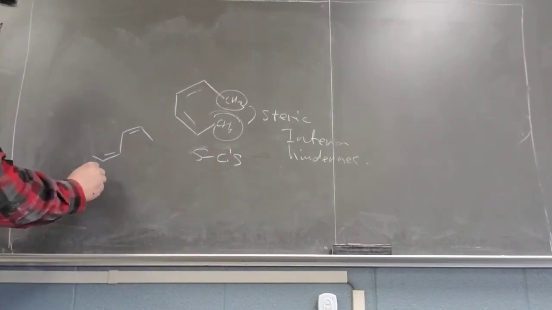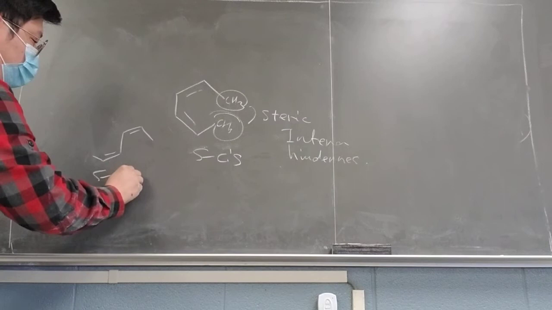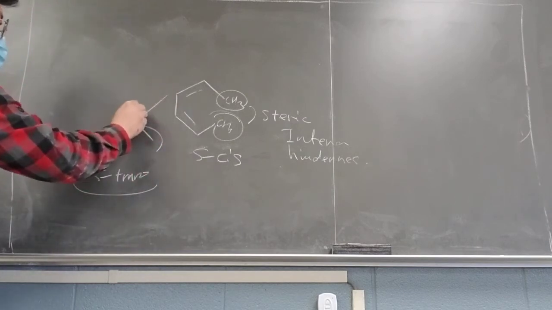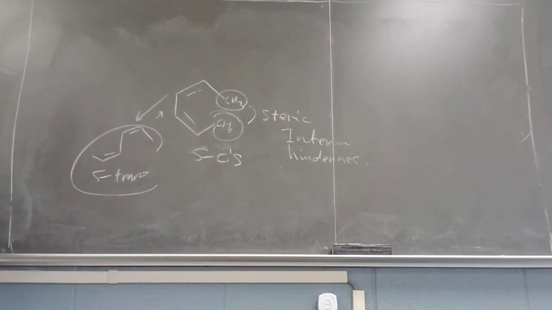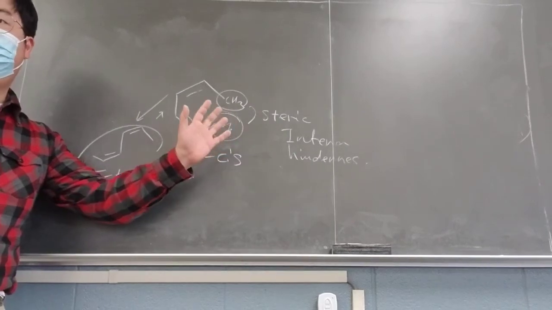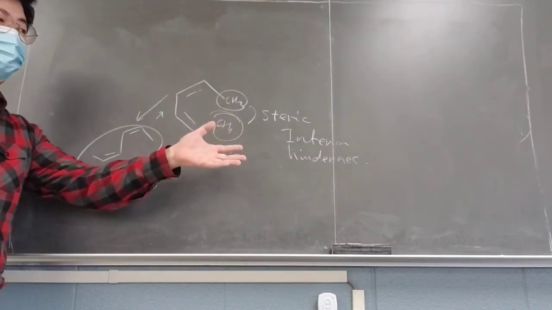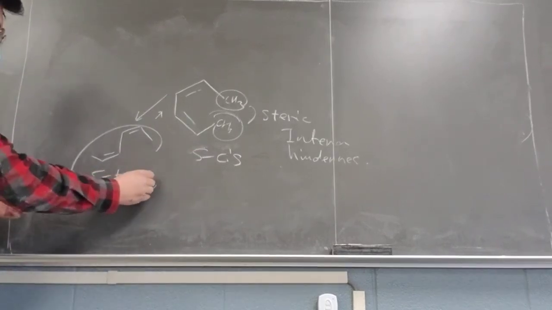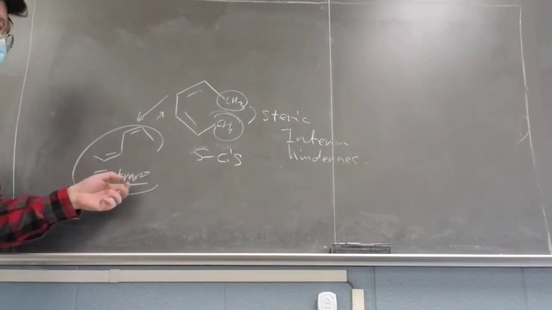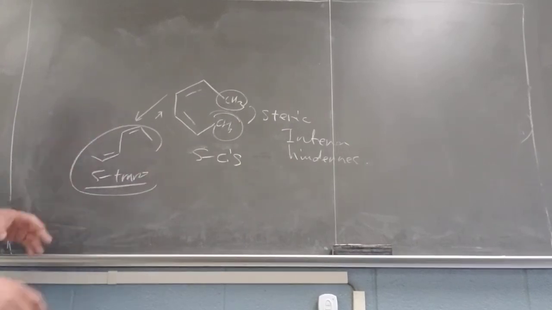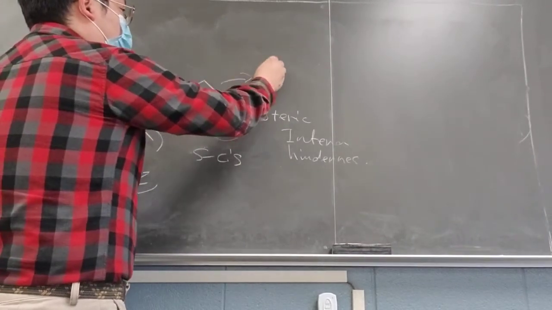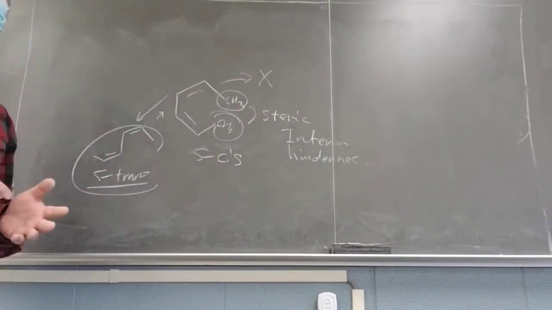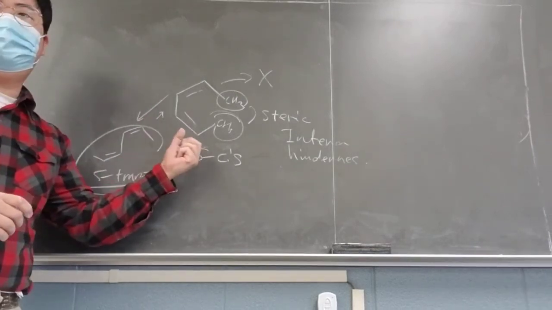So in this case, they also prefer the trans form because they don't want to experience the discomfort they would have in cis form. They also do most likely just the s-trans conformation. So this one also will not do the other direction because it cannot keep the cis form very stable.